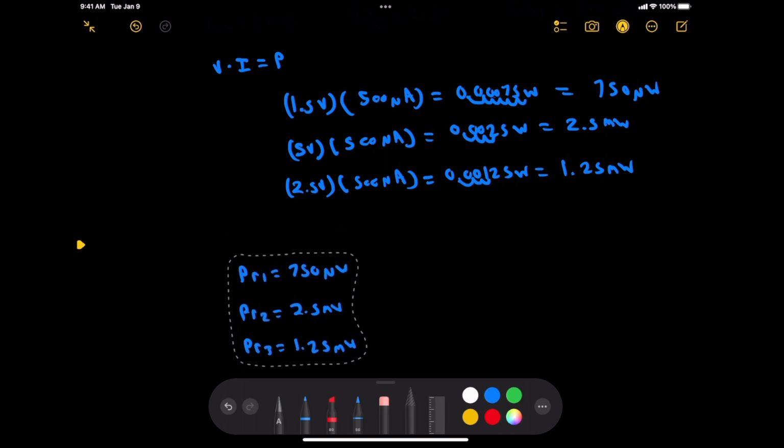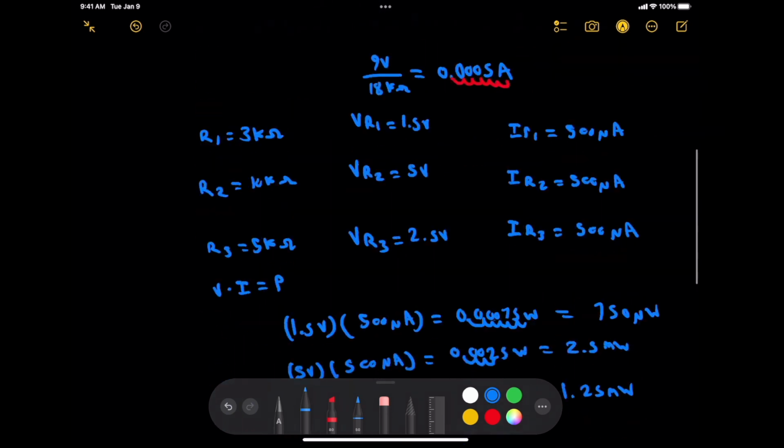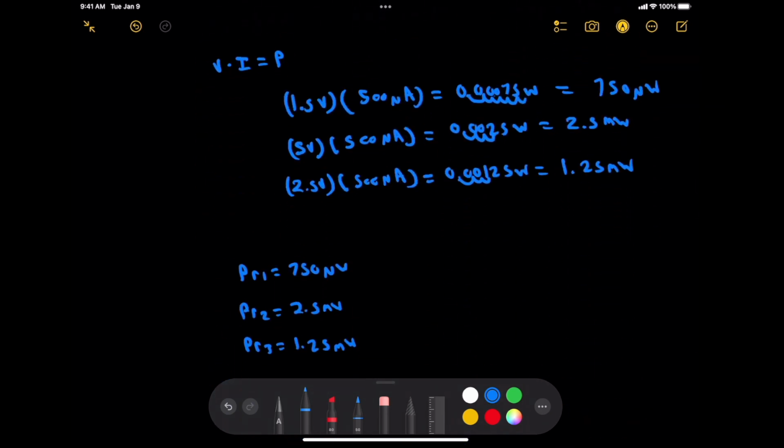We can either add up our individual powers, or we can just take our voltage total and multiply it by the current total. So let's just do it that way. We have 9 volts, and we're multiplying it by 500 microamps.